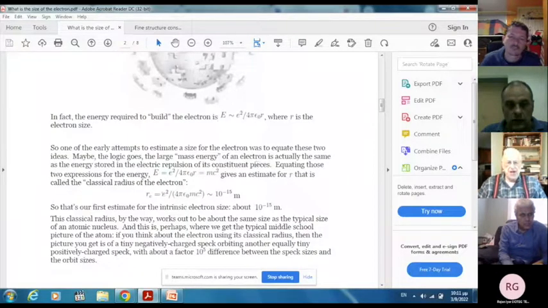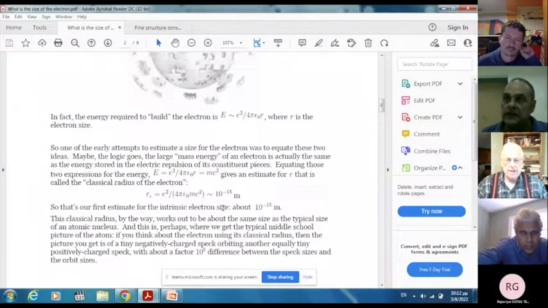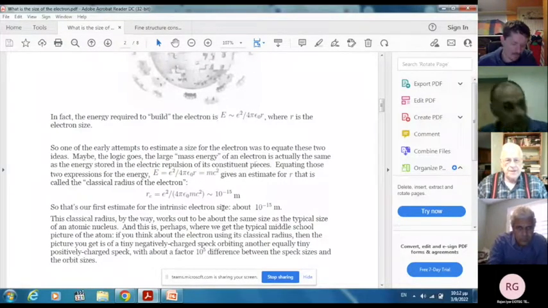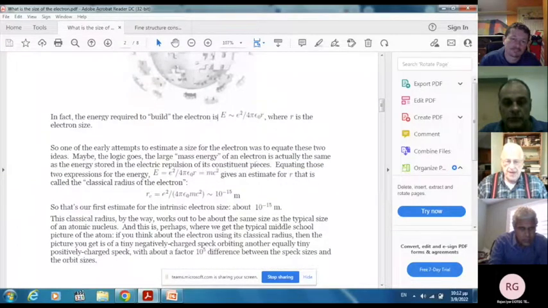So if you do this calculation, also using Einstein's equations, then we get about 10 to the power of minus 15 meters. So this is the second option we have. It's an answer. This is actually the classical radius. The exact value is 2.81 times 10 to the power of minus 15 meters.